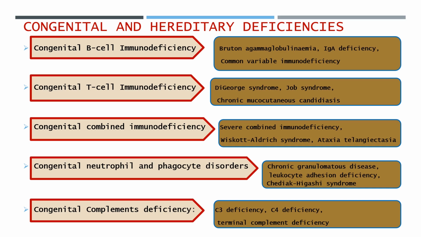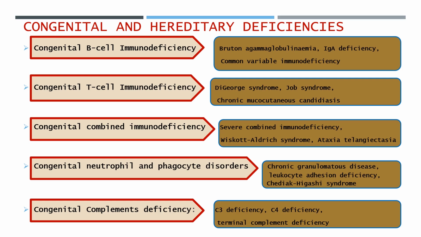What usually happens in this group of patients is that they have defective phagocytosis and they usually have recurrent infection. In a situation where a patient is not able to mount enough phagocytosis, it will encourage the growth and proliferation of microorganisms.